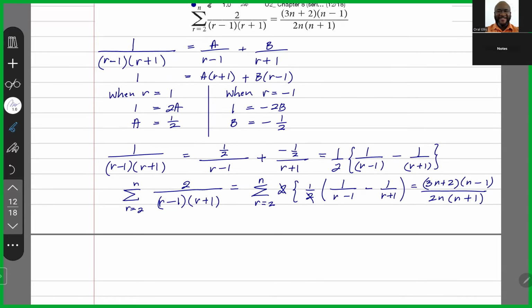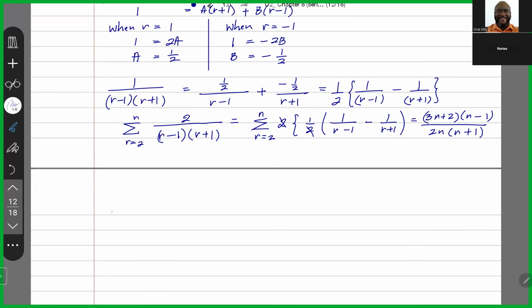All right, so now the sum from r equals 2 to n of 1 over r minus 1 minus 1 over r plus 1. From r equals 2, we get 1 minus 1 over 2 plus 1, which is 3.